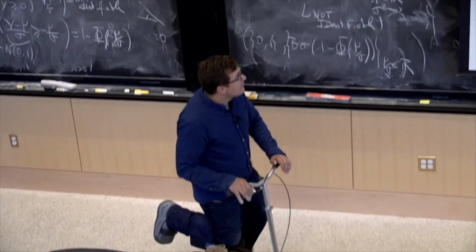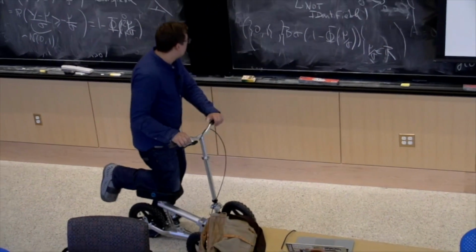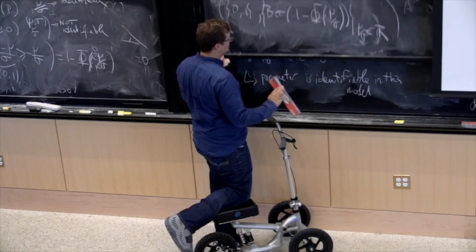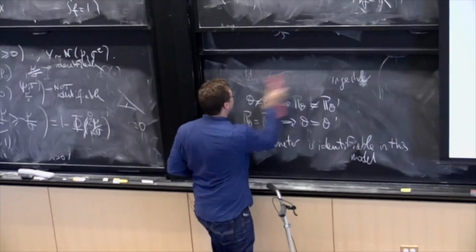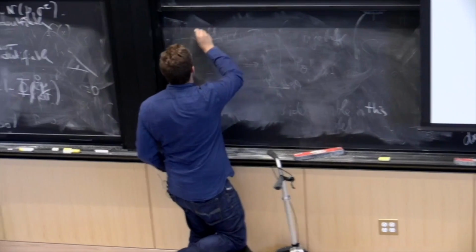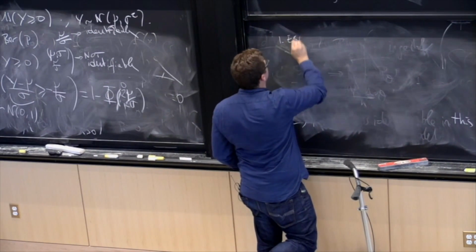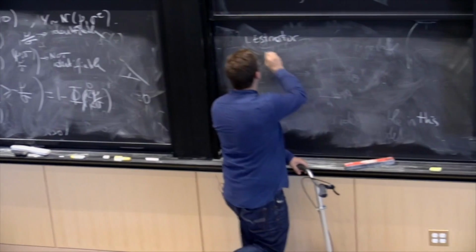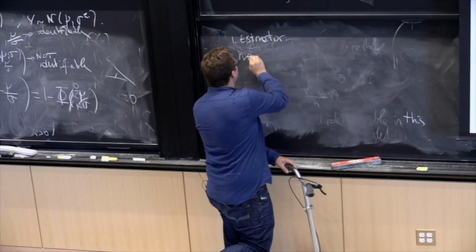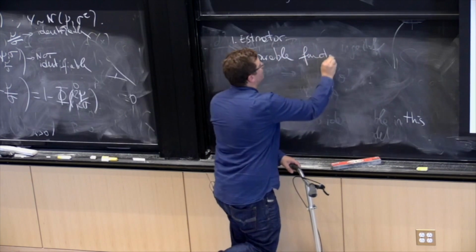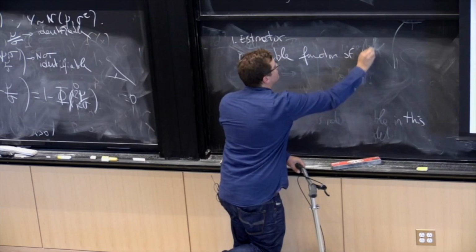And so what is an estimator? I have an estimator, and I said it's a random variable. And the formal definition: an estimator is a measurable function of the data.